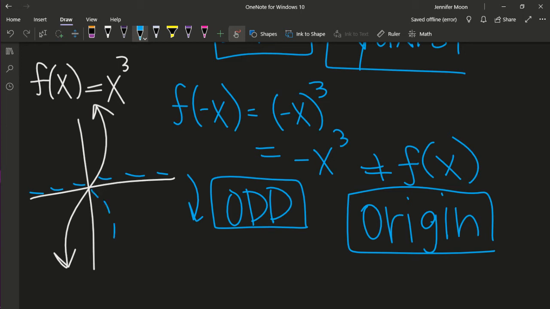We would end up having something similar to that. And then if we folded it about the Y, it would end up laying on top of itself.